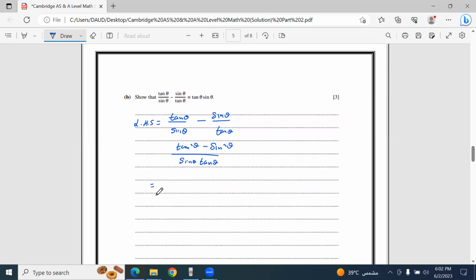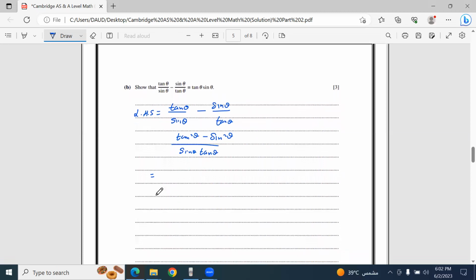Next step, we know tan is equal to sine over cos, so we can say that sine square theta over cos square theta minus sine square theta, over sine theta times tan theta, and tan theta is sine theta over cos theta.